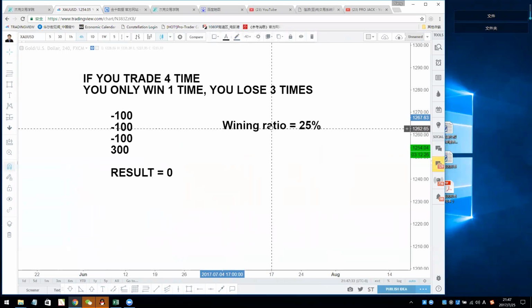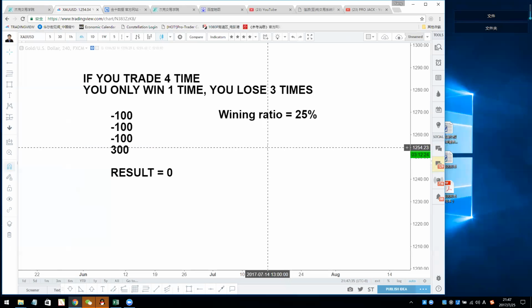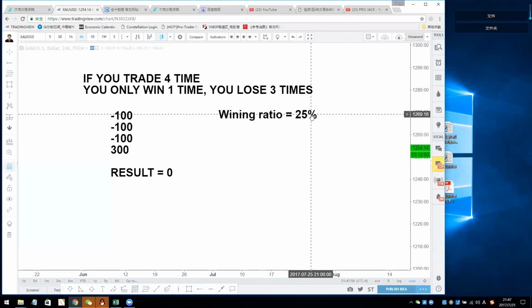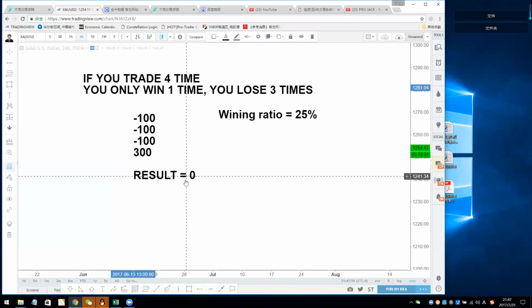Let me ask you, what do you think about a 25% winning ratio? Is this very accurate or very inaccurate? A 25% winning ratio is a very lousy trading result, right? Out of 4 trades, 3 lose and 1 wins. But with such a bad winning ratio, your result is not bad.